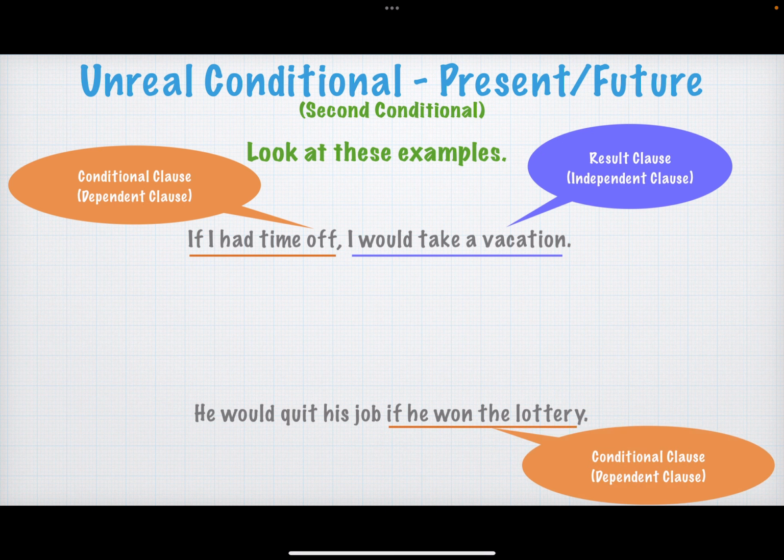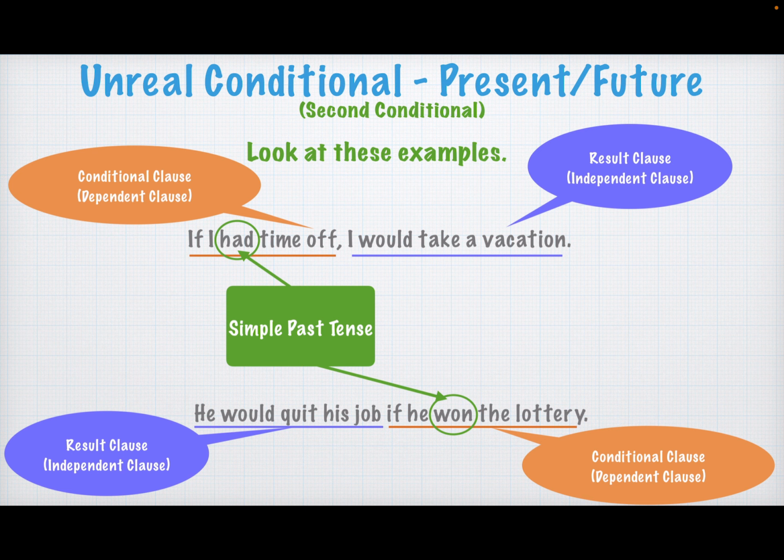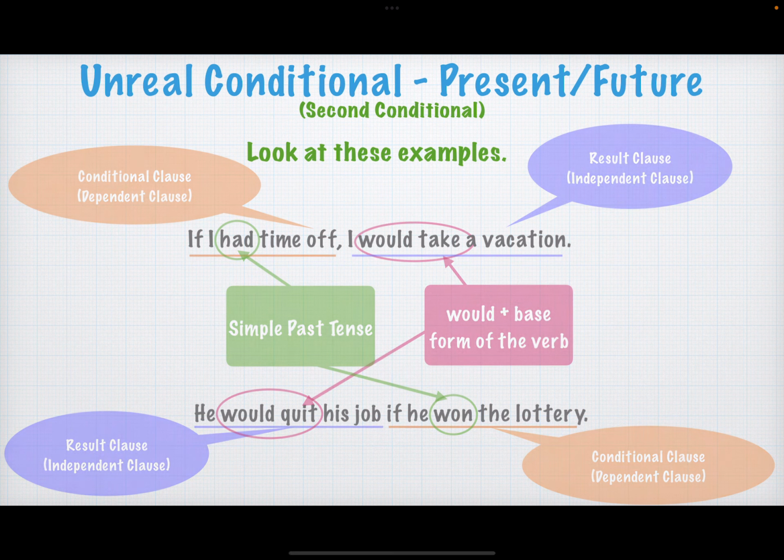If he won the lottery is my conditional clause, and he would quit his job is my result clause. Notice that I'm using simple past tense in the conditional clause. Had, simple past tense, and won, simple past tense. In the result clause, I'm using would plus the base form of the verb. Would take and would quit.